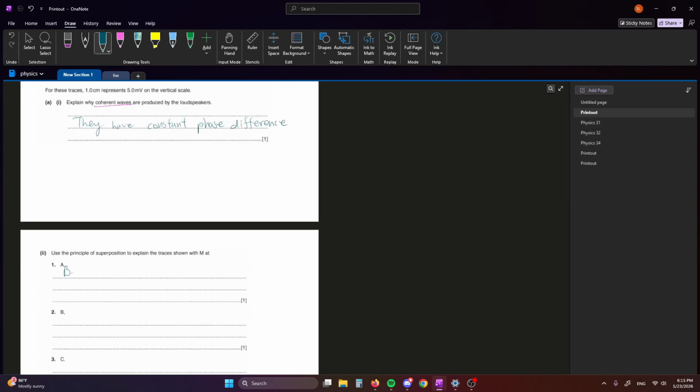At A, both waves are at maximum, creating the maximum amplitude at that point.